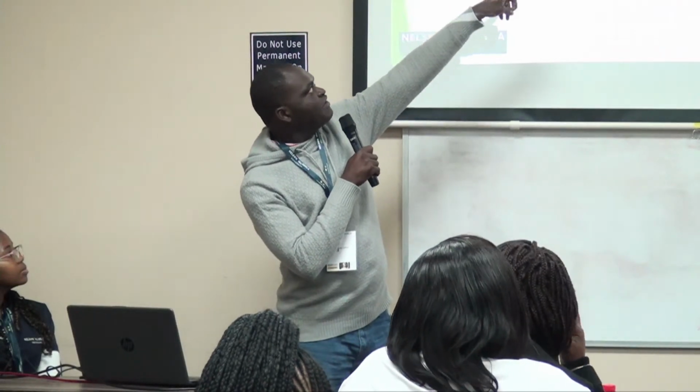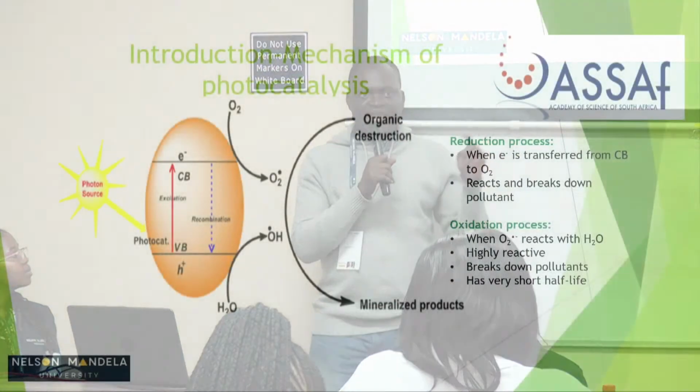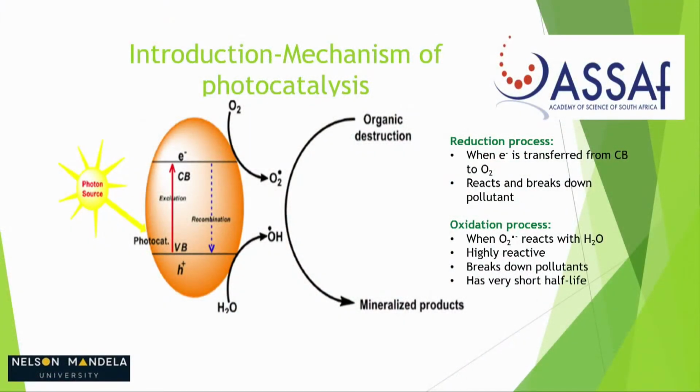By the time it moves from there, the electron that is moving will attack the oxygen to generate peroxide radical, and the hole that is left behind will attack the water to give the hydroxy radical. It is the hydroxy radical that actually attacks the tetracycline that is in water and converts it to carbon dioxide and water, which is needed by the system.